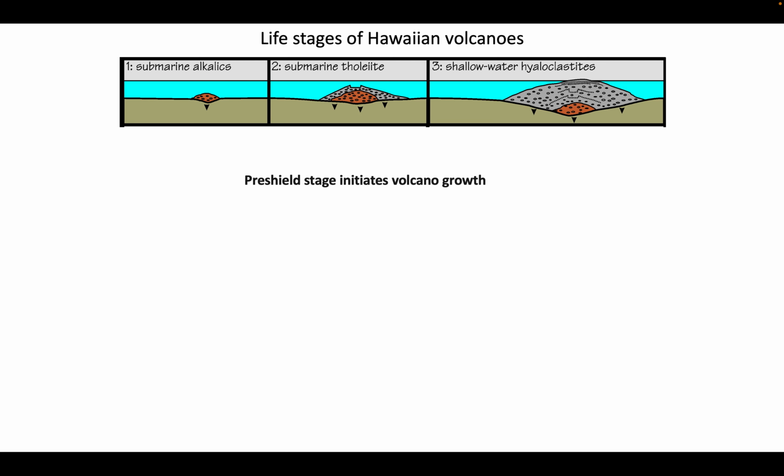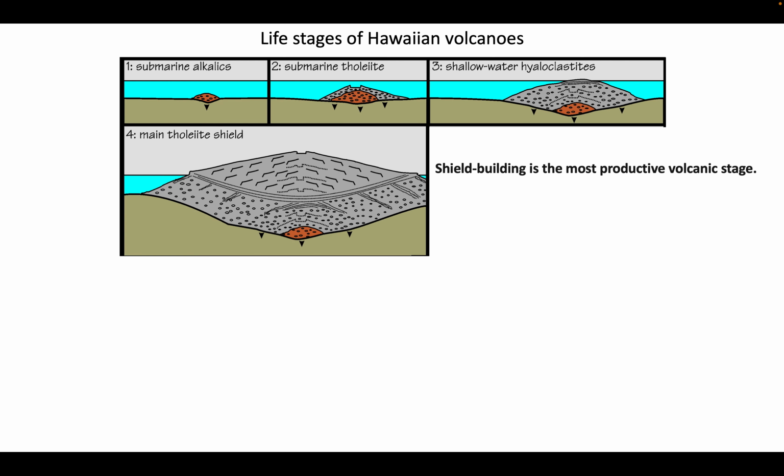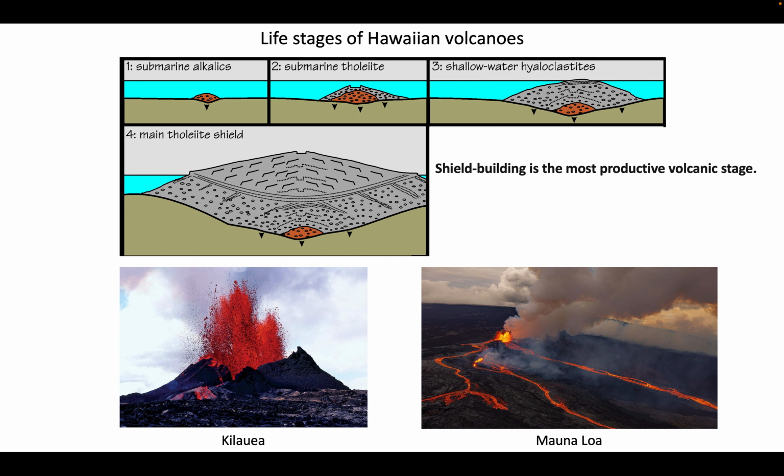Chemical analysis of rocks collected during submarine dives using ROVs to Kamaehua Kanaloa shows that the eruptions are transitioning to the subsequent shield building stage. The shield building stage is the most productive volcanic stage.